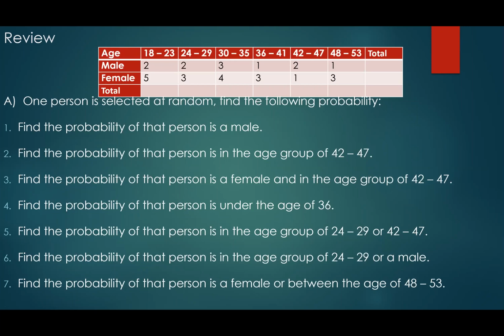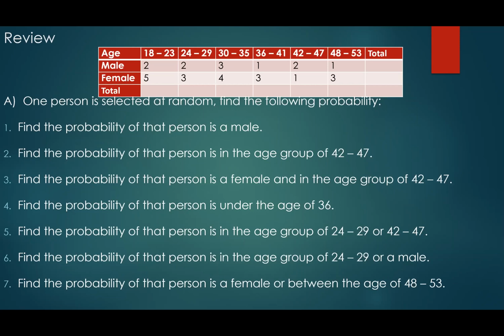If you watch my other video, when you read an item, the first thing you want to ask yourself is, how many items am I selecting? How many people am I selecting?